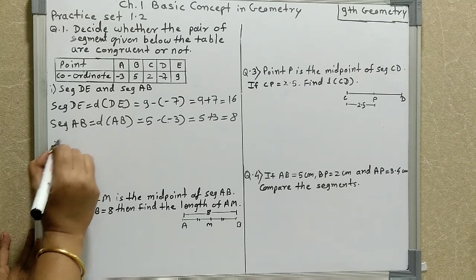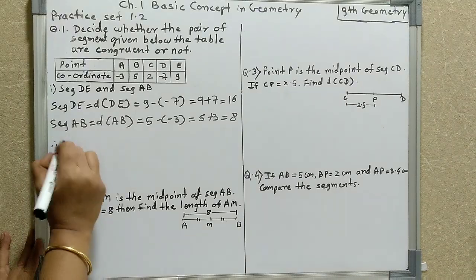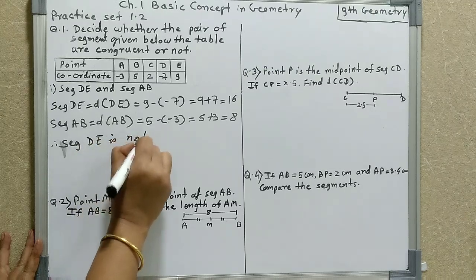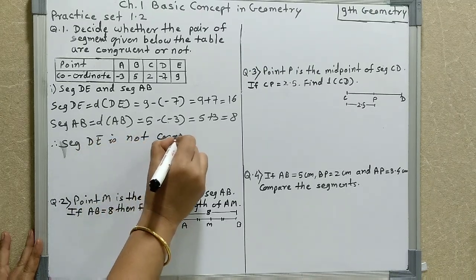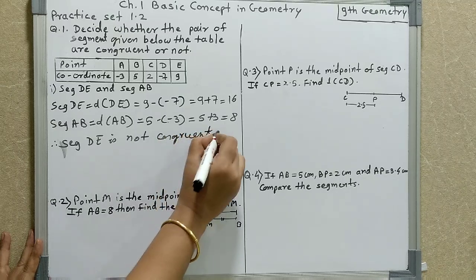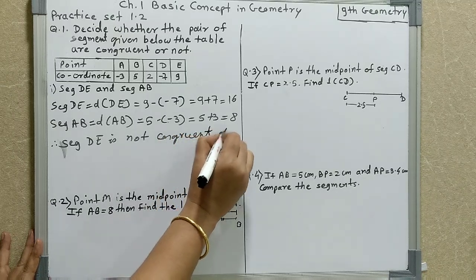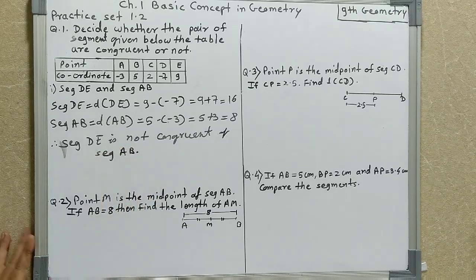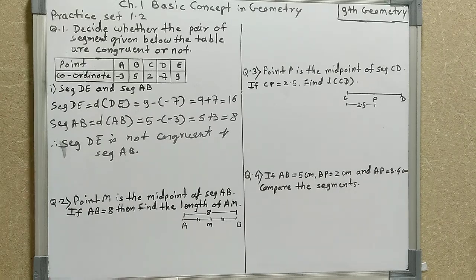Therefore segment DE is not congruent to segment AB. Now in this question there are more sub-questions, second and third, same as above.